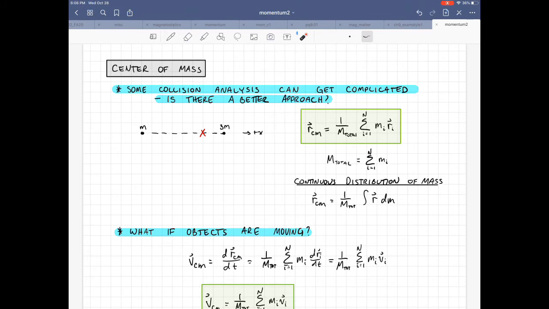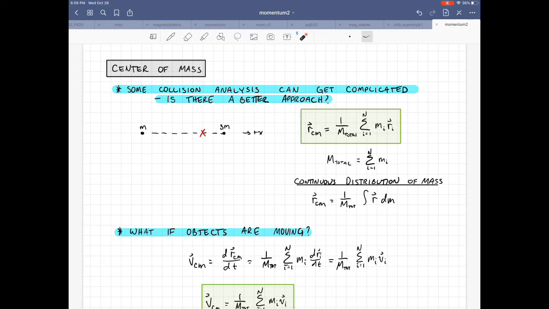And the center of mass, which I've defined here in this green box, is a way to account for all of the objects in your system, the masses that each of them have, and the locations at which each of those masses resides in your particular problem.